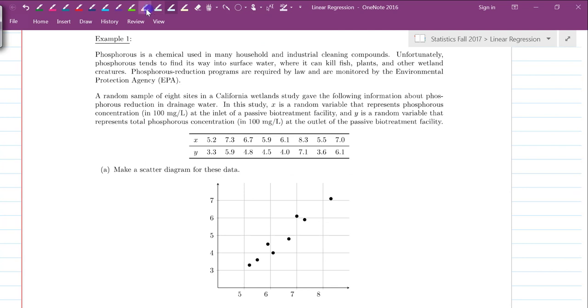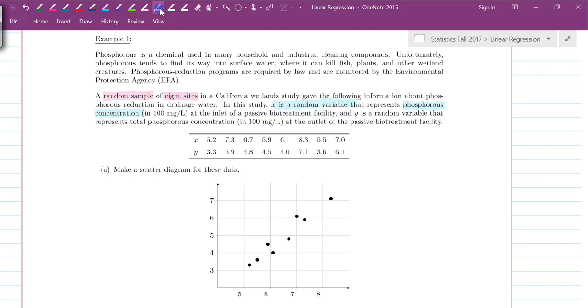So a random sample of 8 sites in California wetland studies gave the following information about phosphorus reduction in drainage water. In this study, X is a random variable that represents phosphorus concentration. So X in this one is going to be phosphorus concentration at the inlet of a passive biotreatment facility.